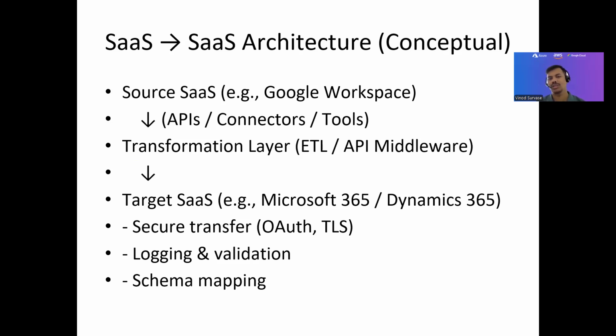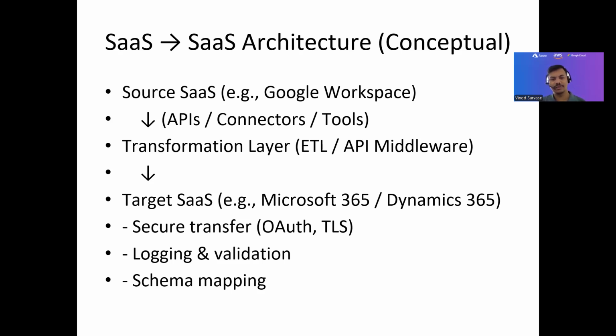And then transformation could be either with the data or with the API middlewares, because APIs are what is used in these scenarios to communicate from source to target system and move the data, right? And the target system could be anything like Microsoft 365, Dynamics, or any other SaaS-based solutions out there in the market today, right?